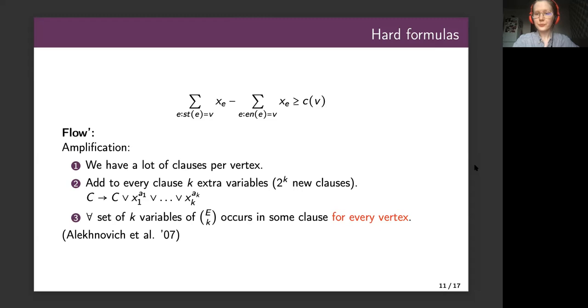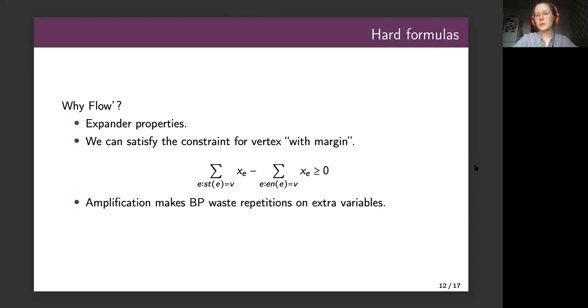So we would like every set of k variables to be present in the statement for the vertex. Okay. So why do we need those formulas exactly? Well, first, we would like to make use of expander properties, obviously, both algebraic and combinatorial. Also, flow formulas have this nice property that we can satisfy the constraint for a vertex with margin.